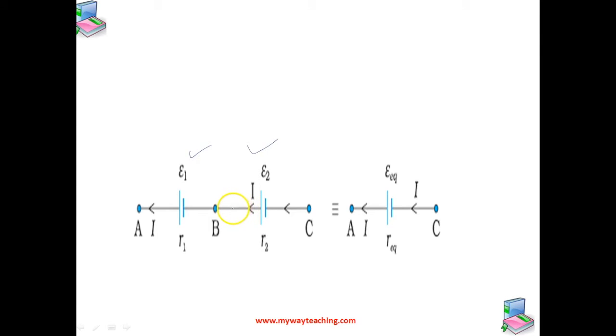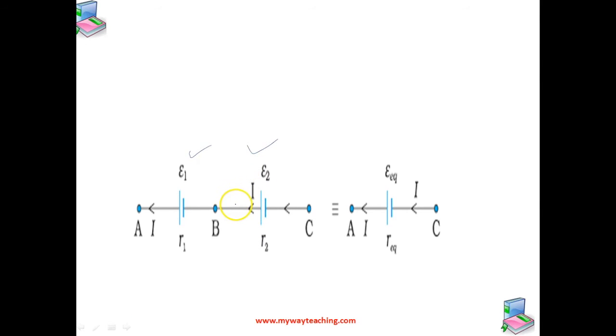One terminal is free on the other side, and this one, electromotive force 1 and electromotive force 2. These two are the EMFs of the two cells, and these R1 and R2, they are internal resistances, isn't it?